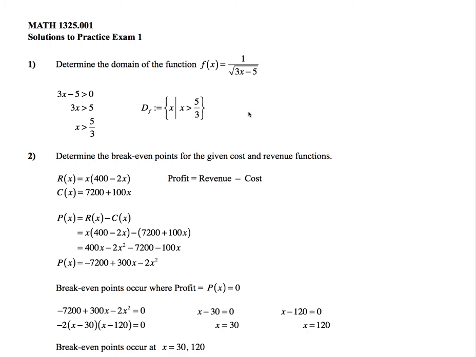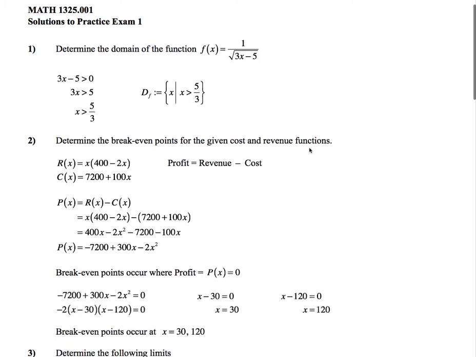Alright, now in the second question, we're asked to determine the break-even points given a revenue and cost function. Well, we break even when we bring in as much revenue as we are spending in cost, so our profit is 0. To solve this, it's really going to be easiest to create this profit function by subtracting the cost function from the revenue function.